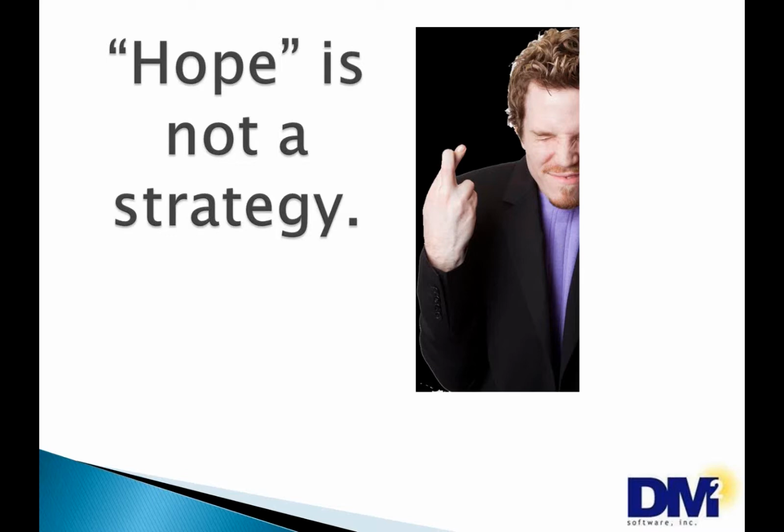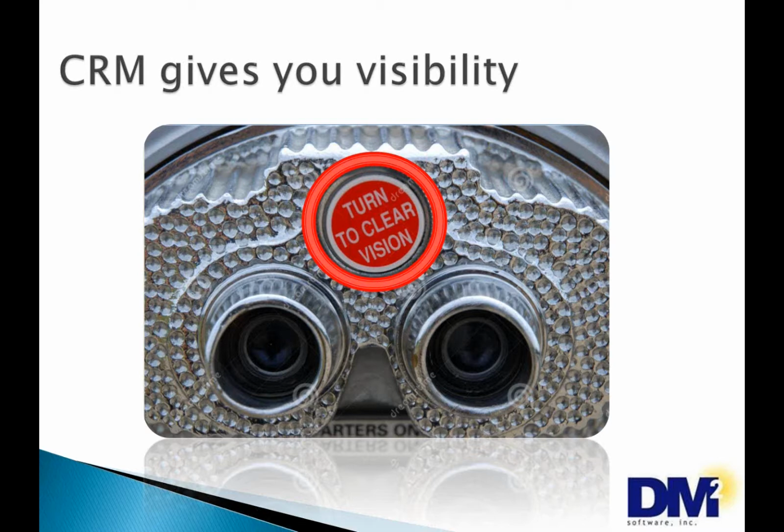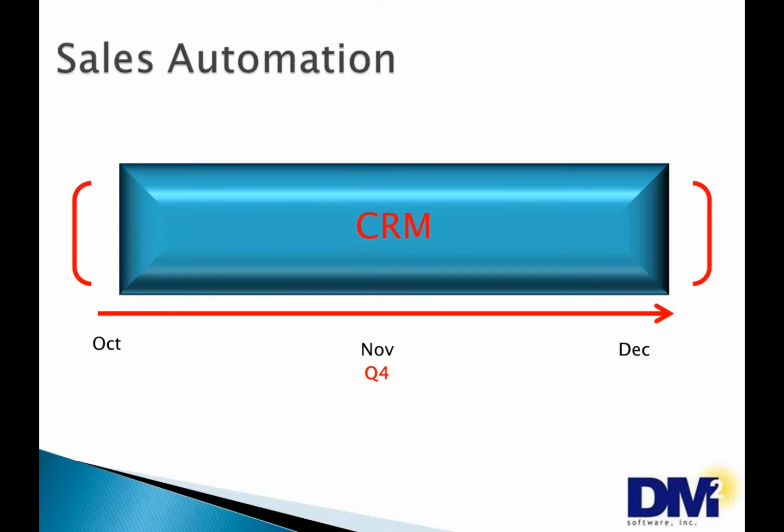So what can we do to move along and improve that? The first thing we're going to talk about is what CRM does. It gives you visibility. It captures those activities and the opportunities. If I could think of just two basic things that CRM does, it captures activities and opportunities, so we have more visibility.